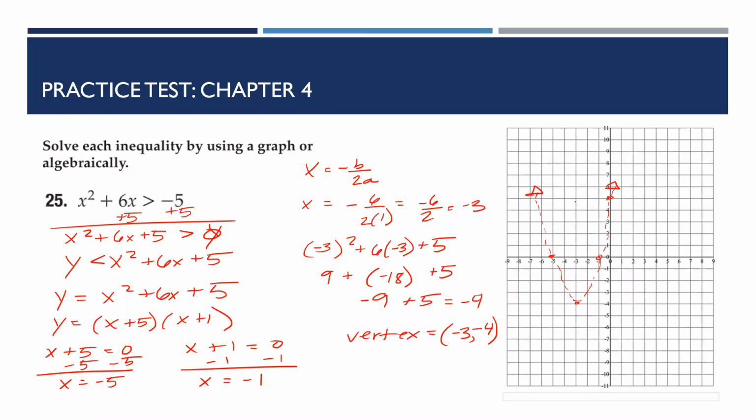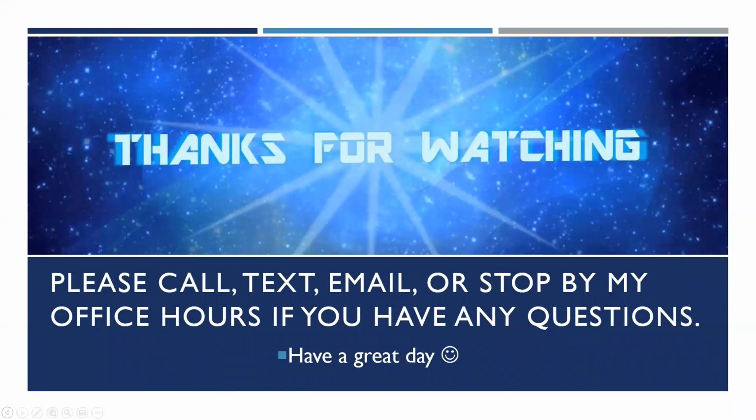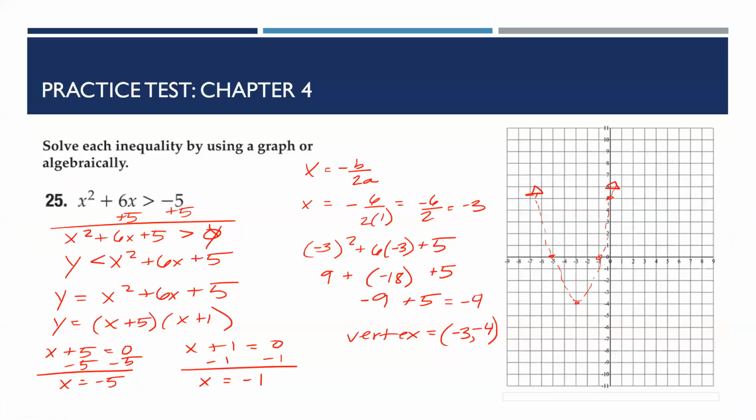Then what you have to decide is, am I supposed to shade, are the answers on the inside or the outside of this parabola? So you have to test a couple of values here. Okay, so I'm going to test negative 3 and see if I'm supposed to shade inside of the parabola.